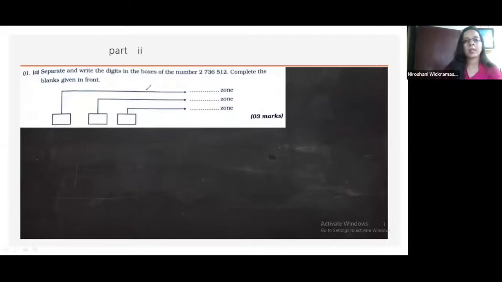This is the million zone. We have to mention the numbers also here. The 1,000 zone, and the next one is the unit zone. And we can replace the numbers.